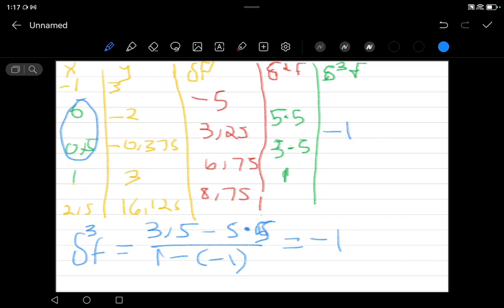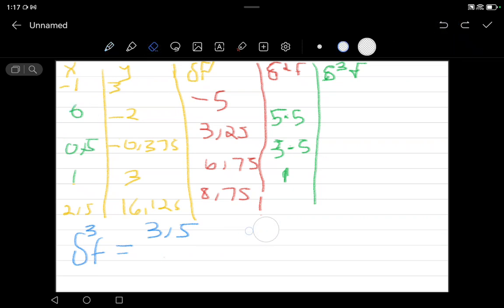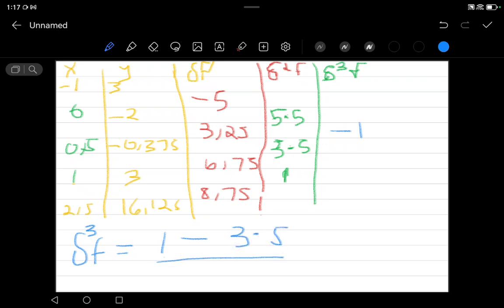And then for the second one, we're going to say here we got the answer as -1. And then for the second one, we're going to say 1 minus 3.5 over, remember we said we skip 2 values of x, so we're going to skip this one and this one, so it's going to be 2.5 minus 0.